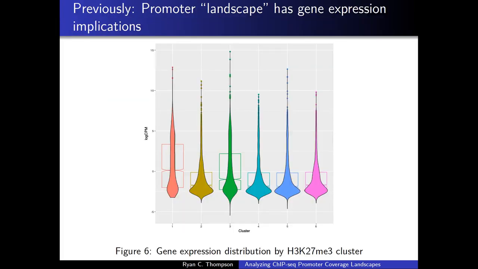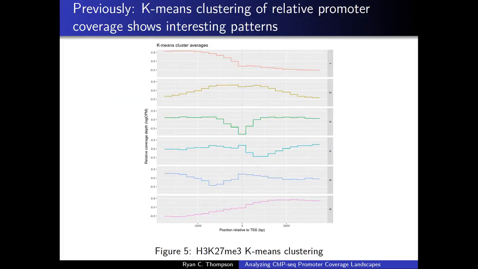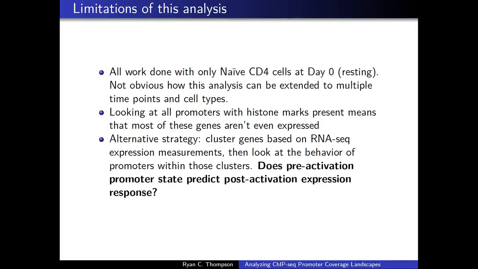I could just make these plots for every cell type and time point, but I'm not really doing anything with the change over time in that case. The other problem is that I'm looking at all promoters with the histone mark present, which means that a lot of these genes, maybe even most of them, aren't even expressed in this data set. So why do we even care about them if there's no gene expression?